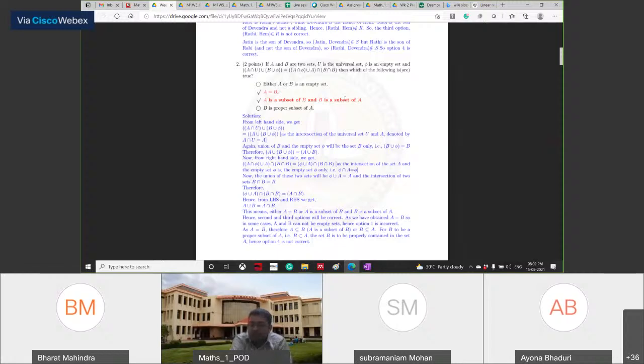I understand that if A is empty, then B can't be empty, and they can't be equal. But if I don't take all of these options as interconnected, then it made sense to me. If they're interconnected options, then it doesn't make sense. If either A or B is an empty set is correct, then of course A cannot be equal to B. But A equals B, we have found from this part of the question.